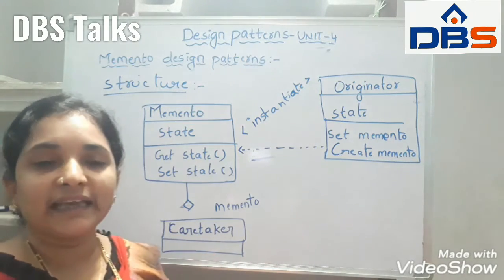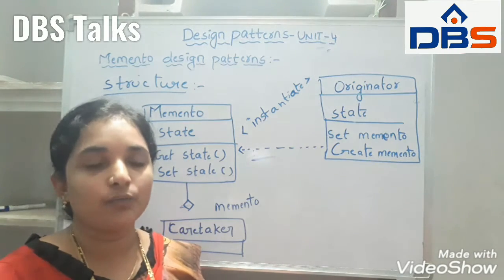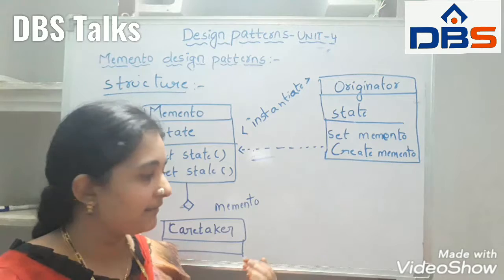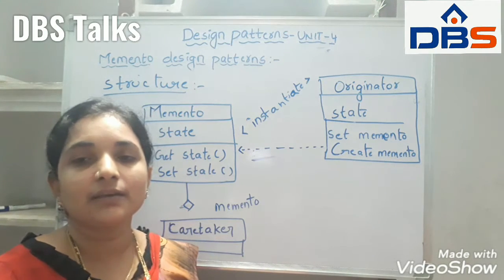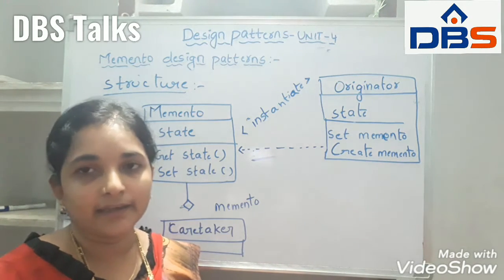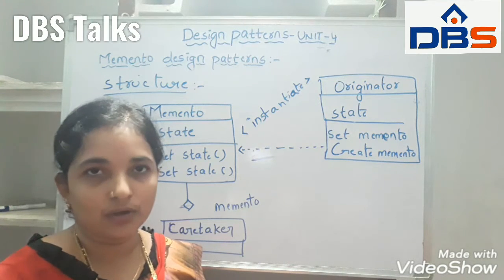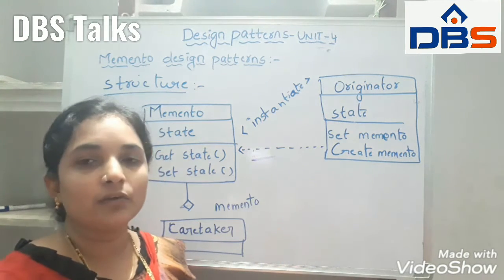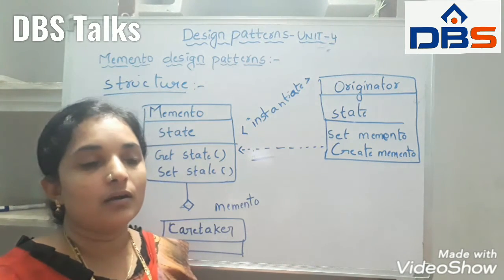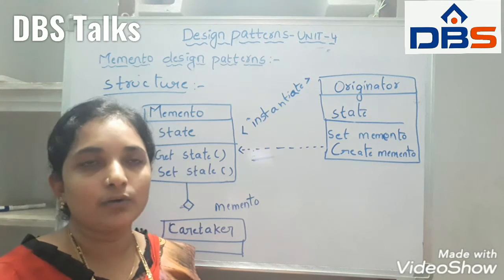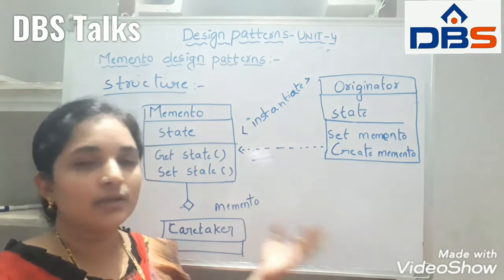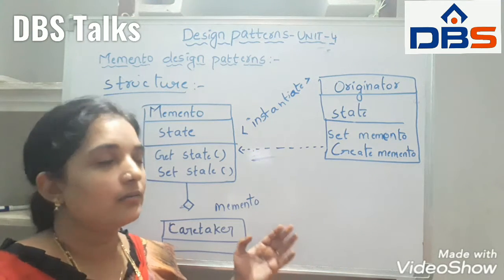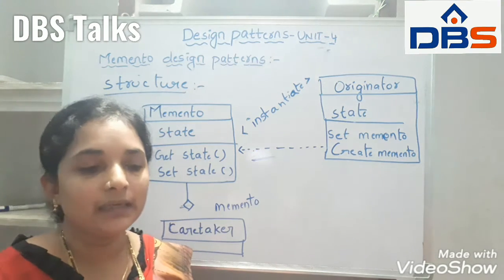The caretaker doesn't check what type of data is given to it. It just takes the information and stores it. If the originator calls for the data, it is given back through rollback and undo operations, and it goes to the user. So this is the class diagram for the communication.